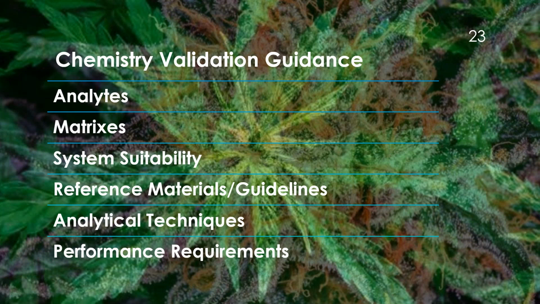What analytical techniques can be evaluated by this? This is more specific to our chemistry methods, but for our metals, ICP-MS was going to be the original thought process, but then they opened it up and said any method that can meet the requirements of the SMPR.